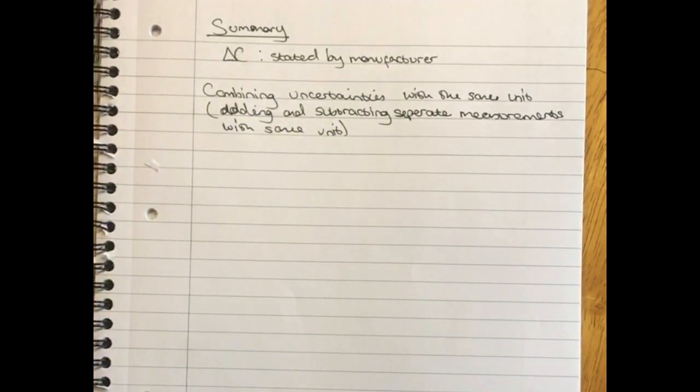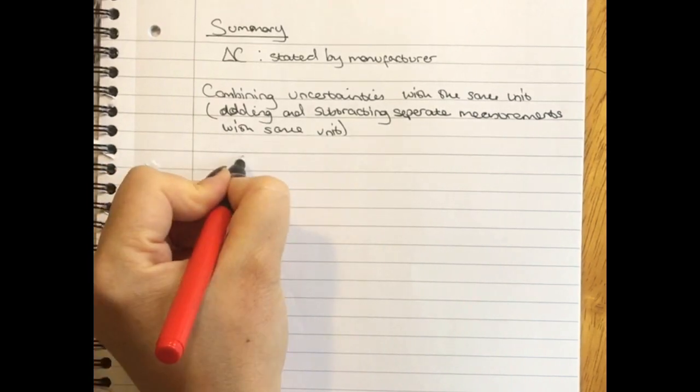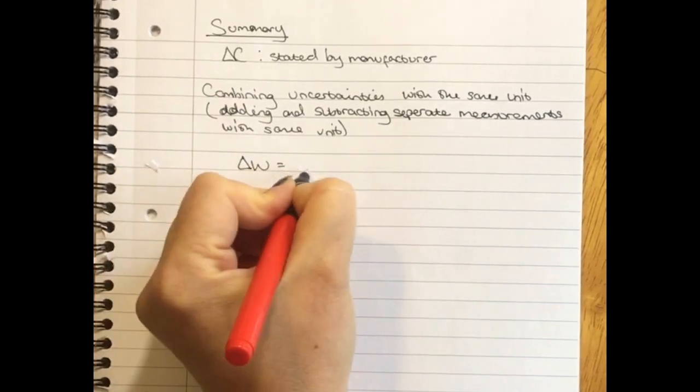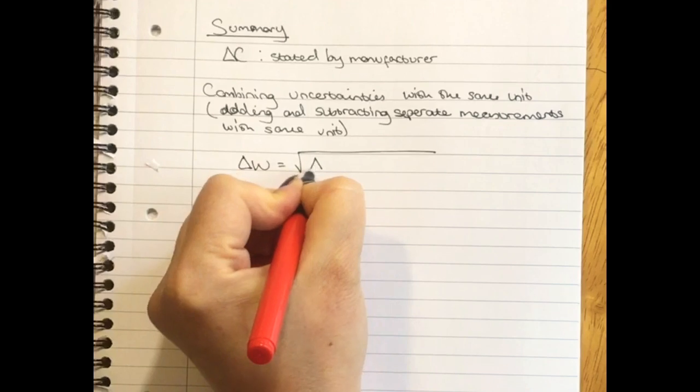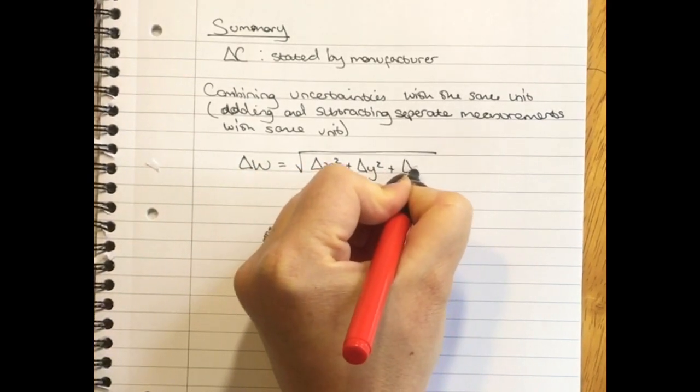So an example of that would be the V minus U for a equals V minus U over T. V and U would be totally separate measurements, but they have the same unit, so they could use the same unit formula to get the uncertainty for that section on the top of the fraction there. So that is delta W equals the square root of delta X squared plus delta Y squared plus delta Z squared.